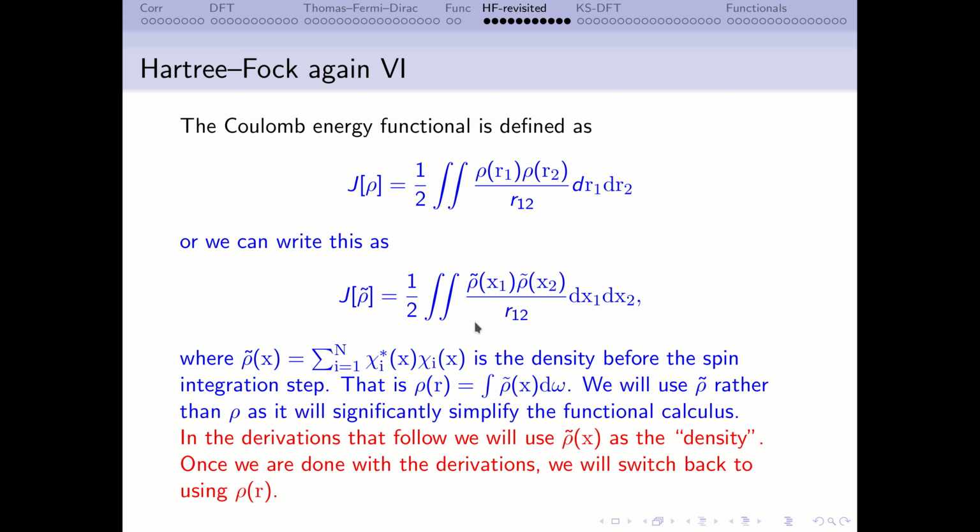So why do I then need to change from a rho to a rho tilde? Well, what we're going to end up doing is performing a functional derivative with respect to chi-i star. Now, rho itself is written as the sum over i from 1 to n of phi-i star phi-i, where phi-i is the spatial part of the spin orbital chi-i.